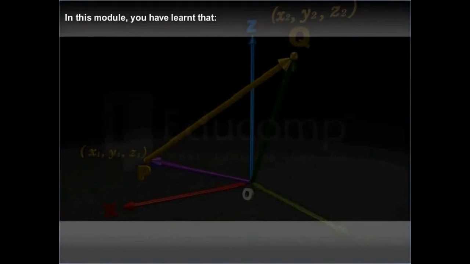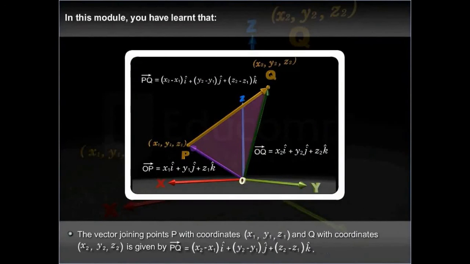In this module, you have learnt that the vector joining points P with coordinates x1, y1, z1 and Q with coordinates x2, y2, z2 is given by vector PQ is equal to (x2 minus x1) i cap plus (y2 minus y1) j cap plus (z2 minus z1) k cap.